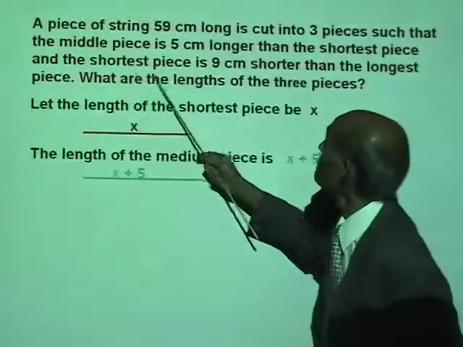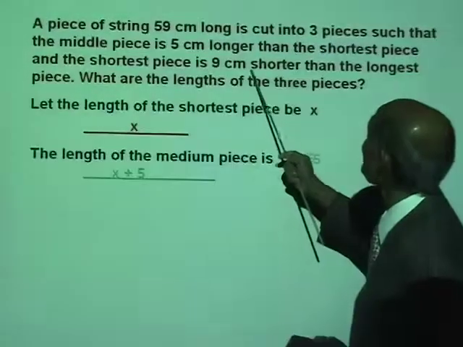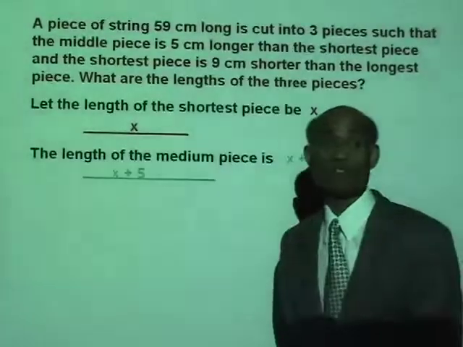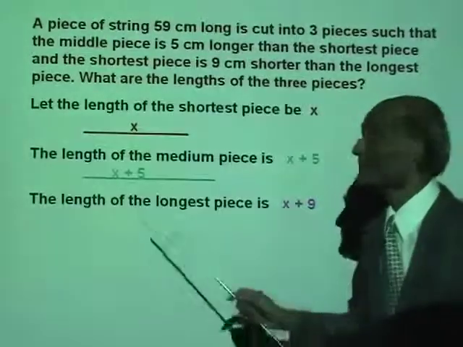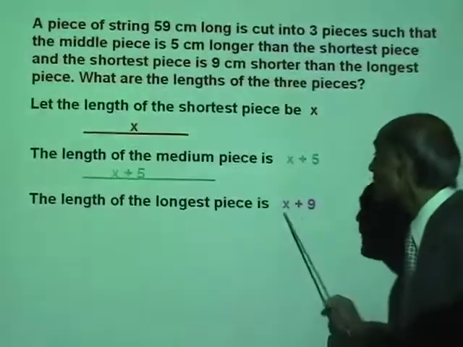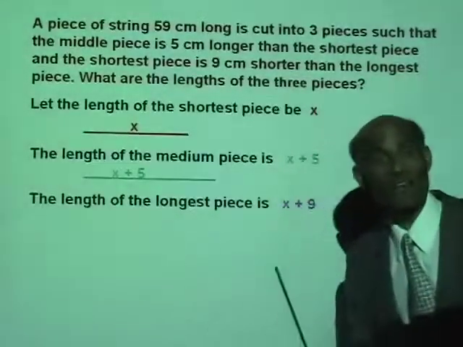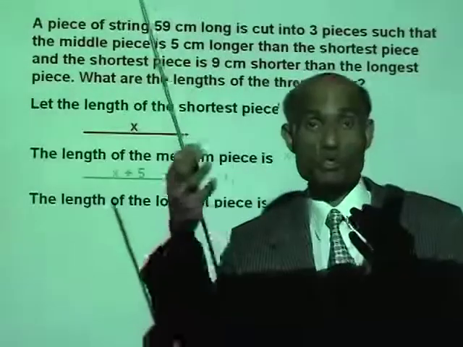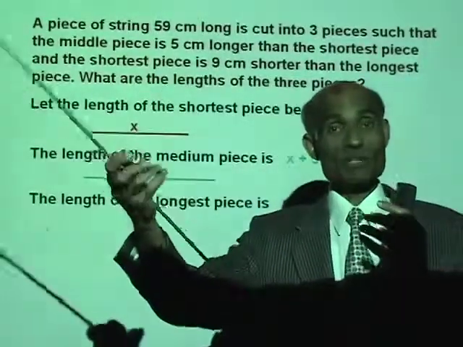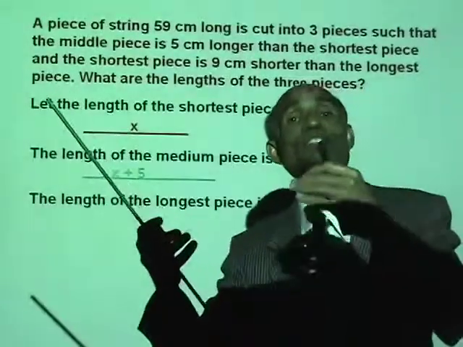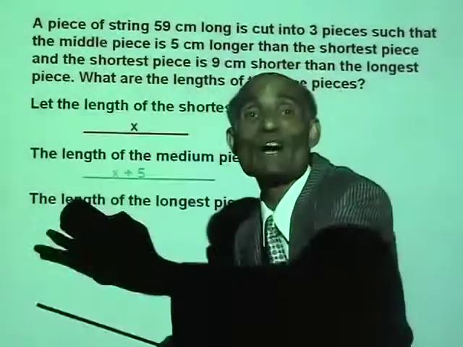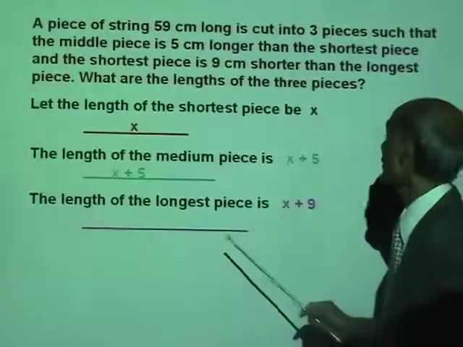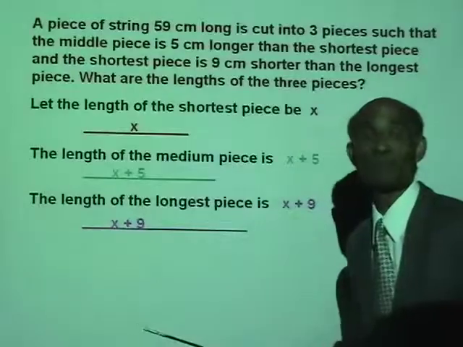And the shortest piece is 9 centimeter shorter than the longest piece. So, the length of the longest piece therefore is x plus 9. You see, if the shortest piece is 9 centimeter shorter than the longest, it means the longest is 9 centimeter longer than the shortest. So the length of the longest then will be x plus 9.